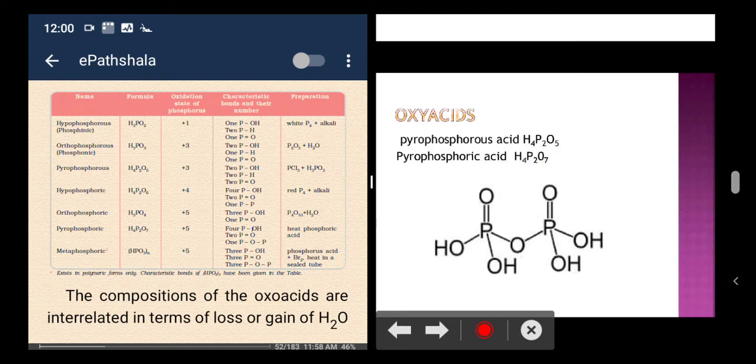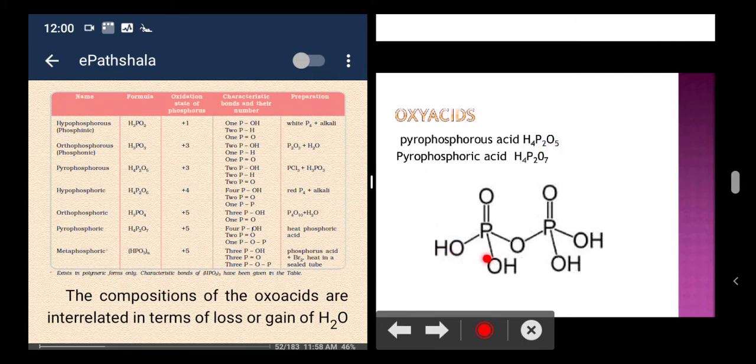You may have a confusion; even I sometimes have this kind of confusion, so you have to be very careful. See here P2 and O7, and here O5. So 2 P are to be written as the central atoms, and here 5 oxygen and 4 hydrogen.